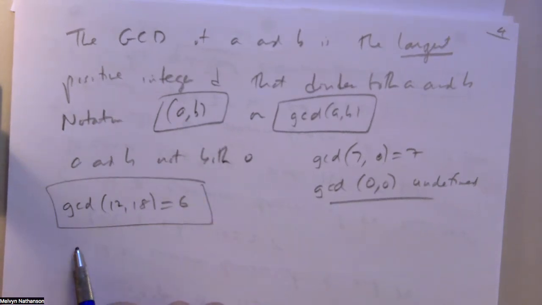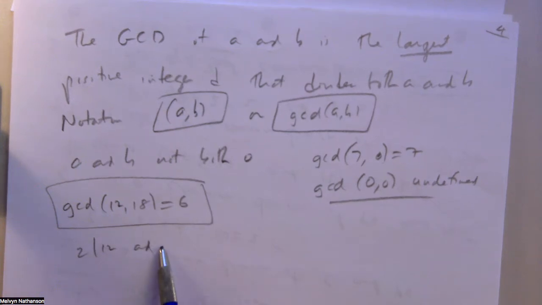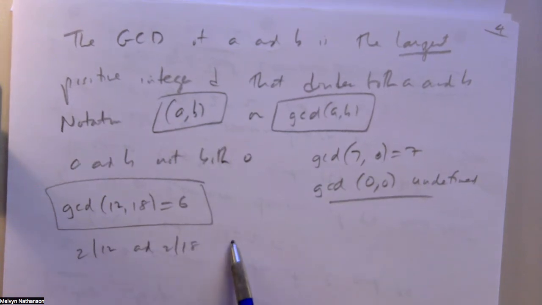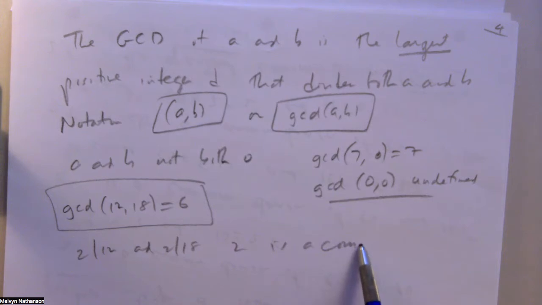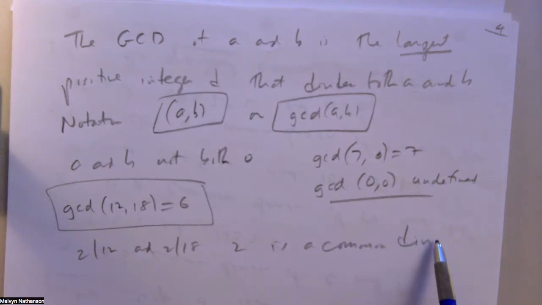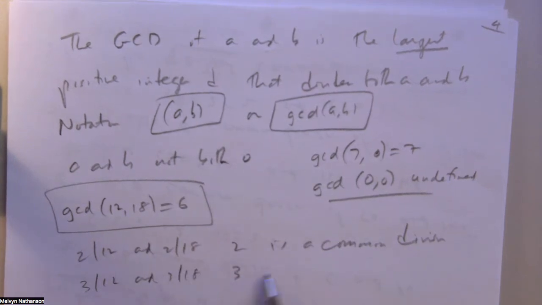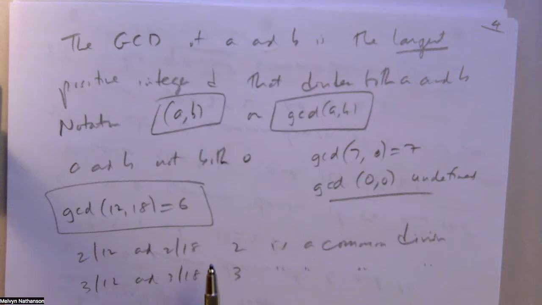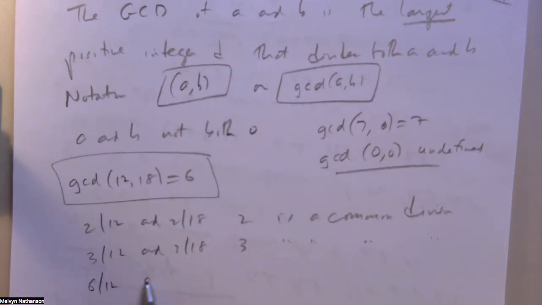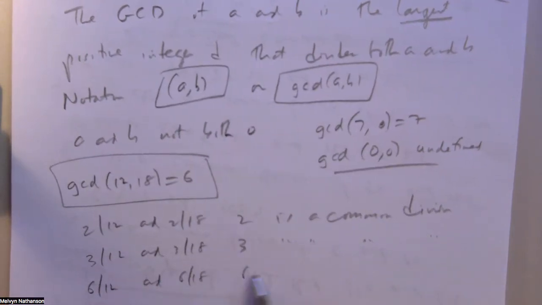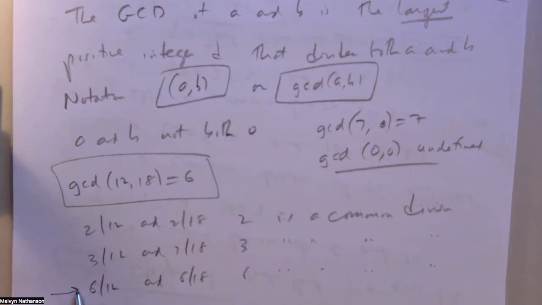We certainly have that 2 divides 12 and 2 divides 18, so 2 is a common divisor of 12 and 18. 3 divides 12 and 3 divides 18, so 3 is a common divisor. 6 divides 12 and 6 divides 18, so 6 is a common divisor. And of all of these, the largest is 6. So the greatest common divisor of 12 and 18 is 6.